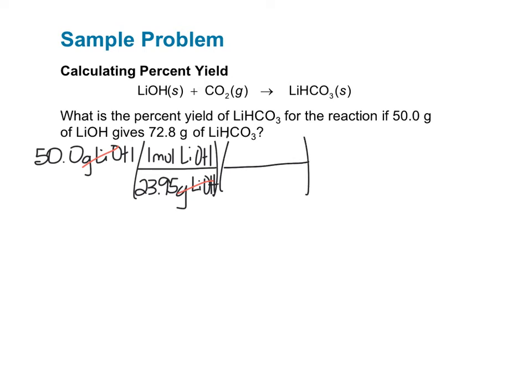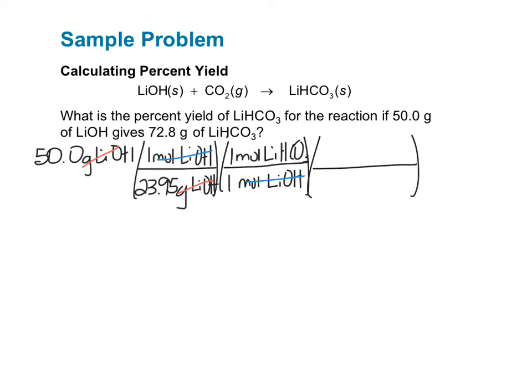Now this is a 1-to-1 mole ratio, so 1 mole of the lithium bicarbonate to 1 mole of lithium hydroxide. So moles of lithium hydroxide cancel. Now I have moles of the lithium bicarbonate.